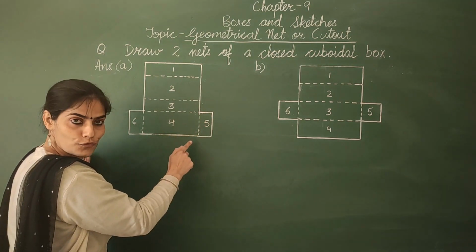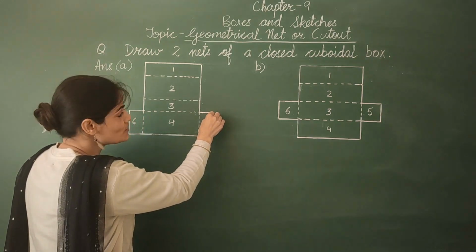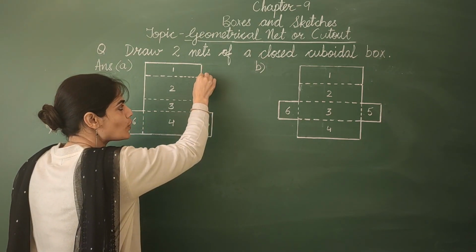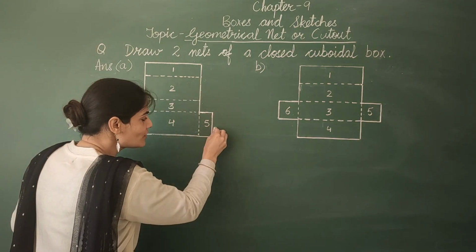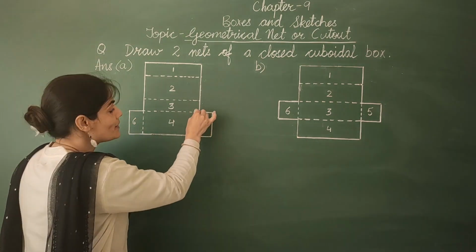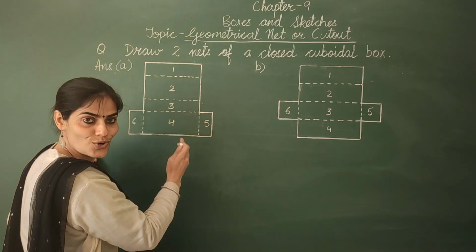Beside face 4. So the length of the side face will be equal to the breadth of face 1 or face 3. And the breadth of the side face will be equal to the breadth of the face beside which I had drawn them.